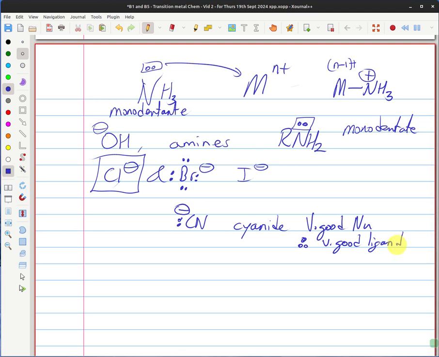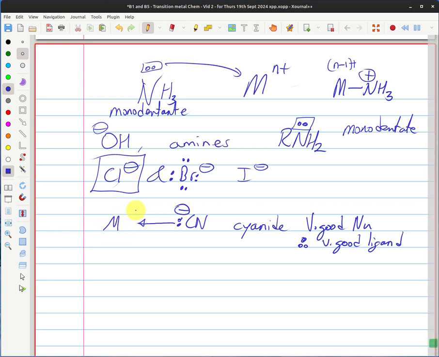It's almost a direct correlation between the nucleophilicity of something and the ligand strength. They're almost exactly the same. So this can also make a single bond to some kind of metal ion.